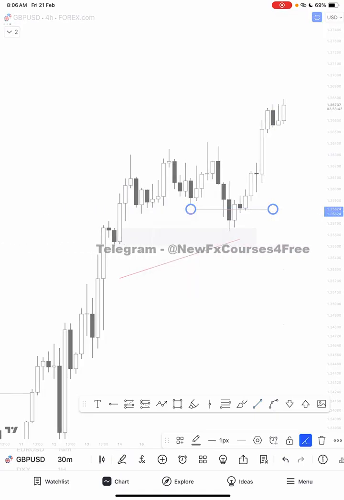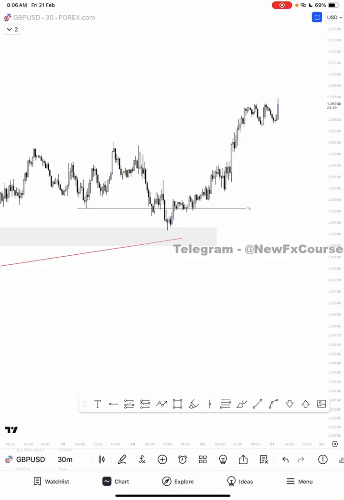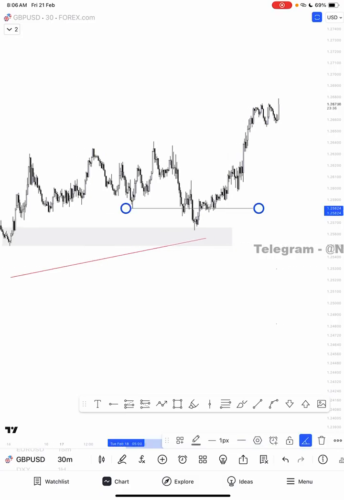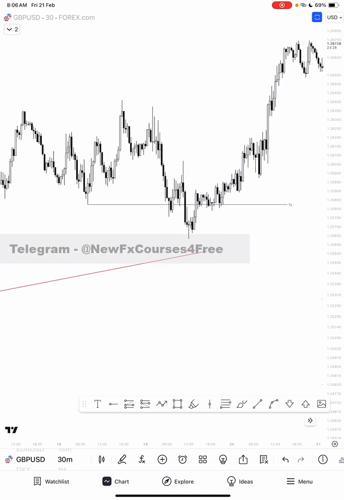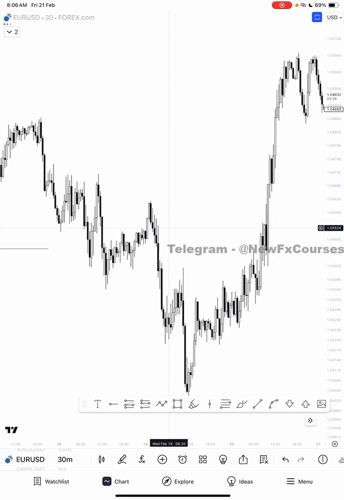Then going to the lower time frame, it's actually the same. So let's see if we can actually spot a lower time frame SMT. This low, okay, the same order flow.